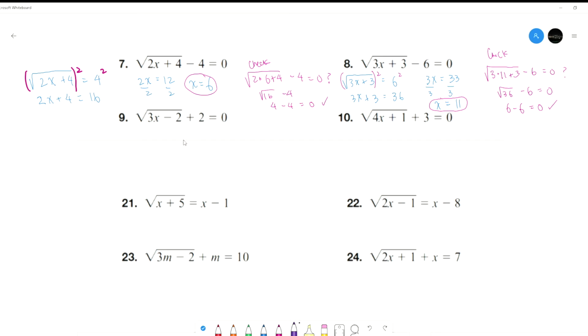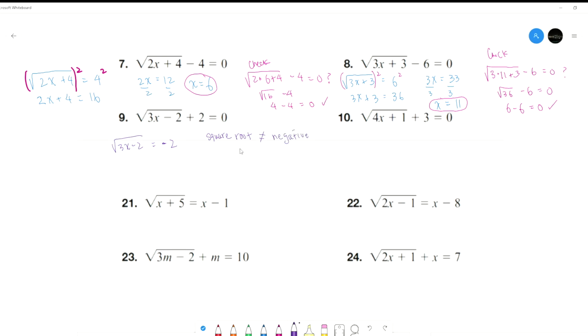All right, let's try number 9. Number 9 and 10 are the same, right? So when we subtract 2, we get the square root of 3x minus 2 is equal to negative 2, right? And I hope you remember from Monday's lesson, right? A square root cannot be a negative, right?